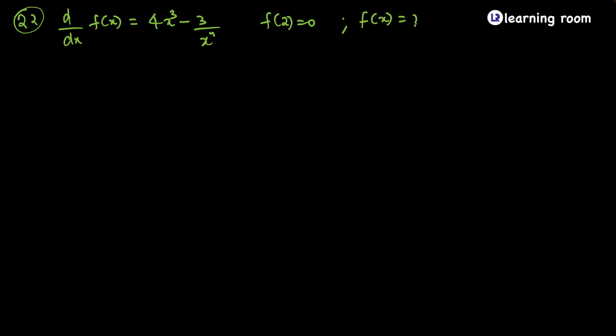Right. So for this, what we can do is d of f of x is equal to 4x cube minus 3 divided by x power 4 times dx.